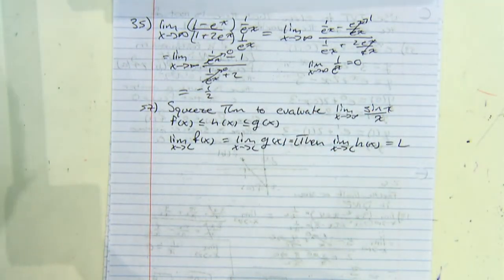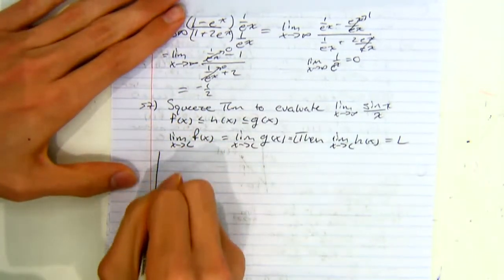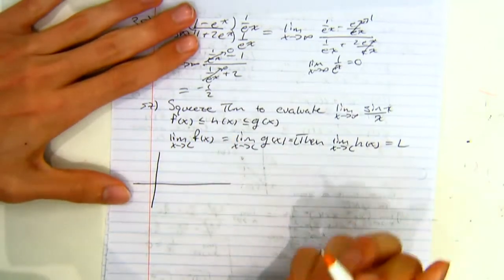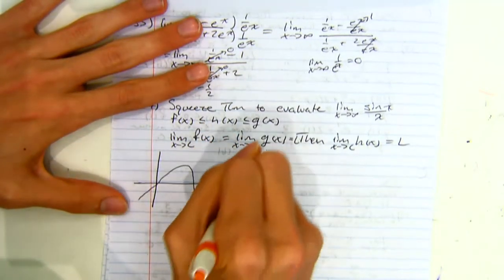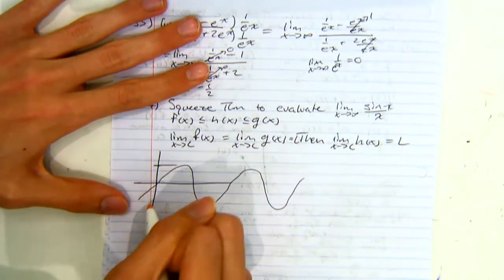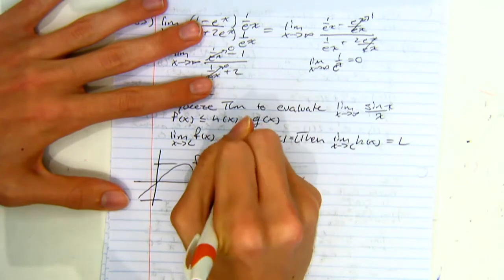So you might be wondering how to do this because we have sine and we don't have 3 functions. But sine starts from 0, right? This is essentially what a sine graph looks like.